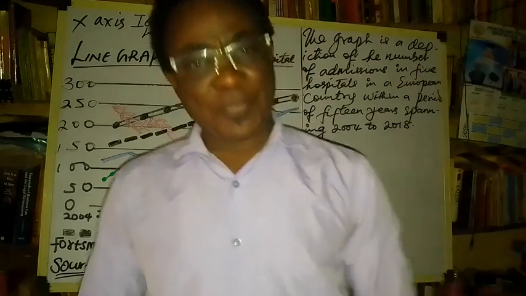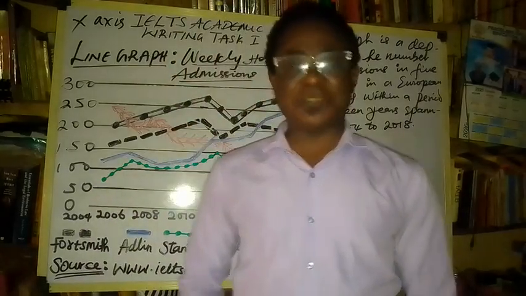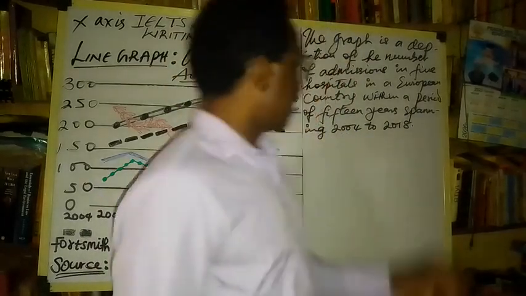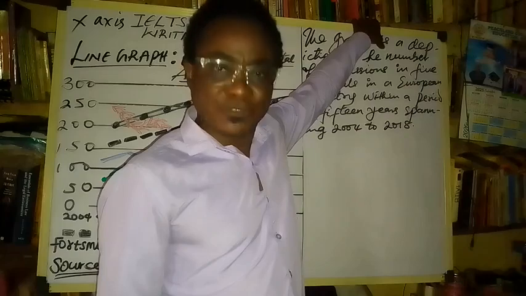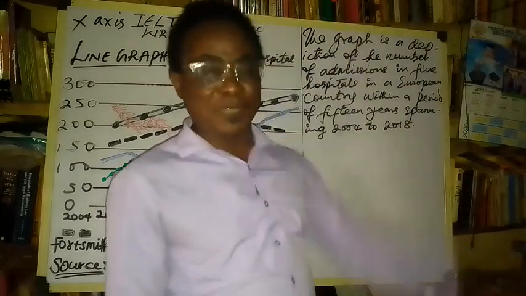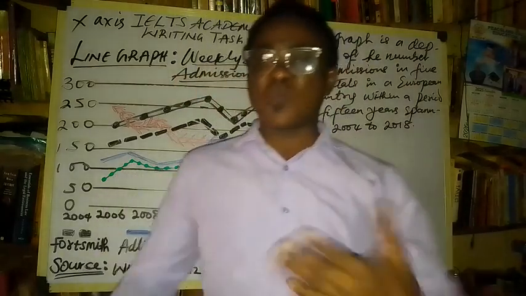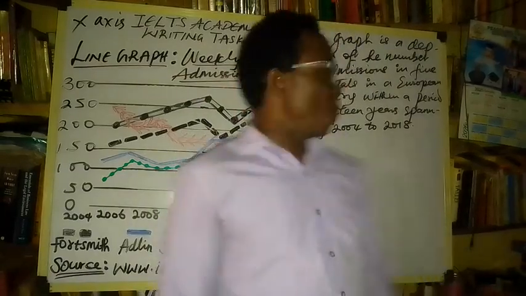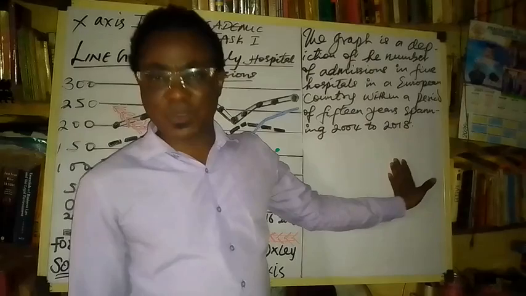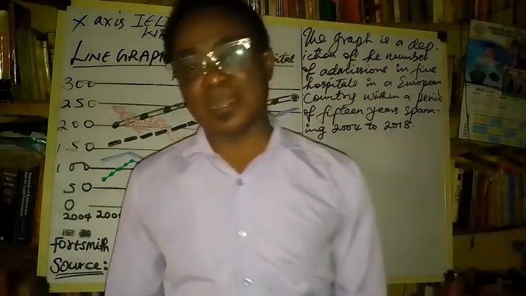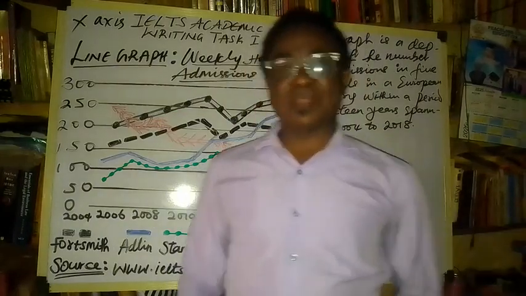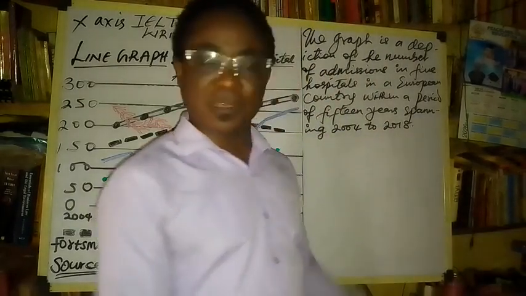I'd like to refer you to our immediate past video where I discussed the vocabulary of the intro, vocabulary of the first paragraph. That is the kind of words you are expected to use while writing the intro. I also discussed the vocabulary of the other 3 paragraphs that come after the intro.